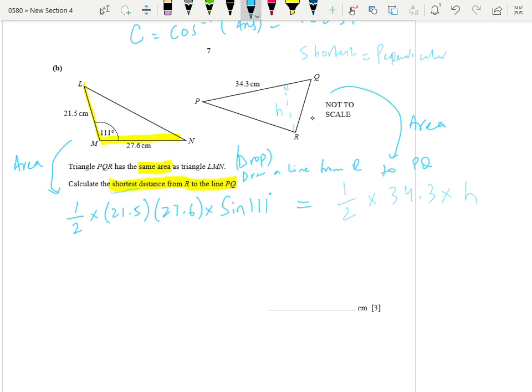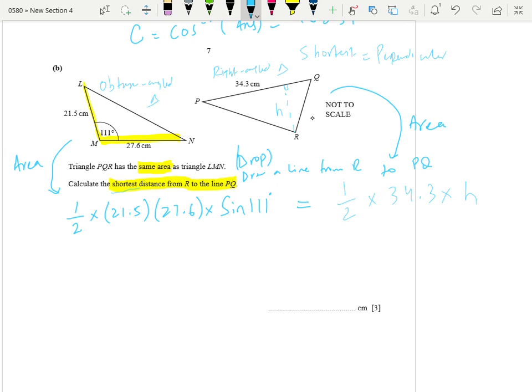Let me quickly make the mind map of what we have done so far. We have found on the left hand side the area of this obtuse angled triangle, right? And then equated that on the right hand side with the area of this right angled triangle. So how did it become a right angle triangle?